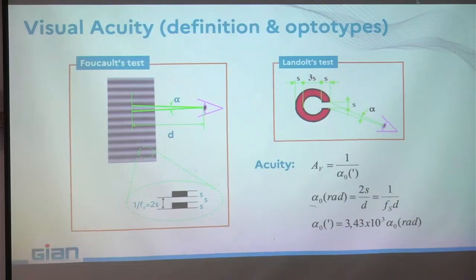In fact, the real way to do it is to use either the Foucault test, which is clear and dark stripes, or the Landolt test, which is circles open like a C that you can orient in different ways.